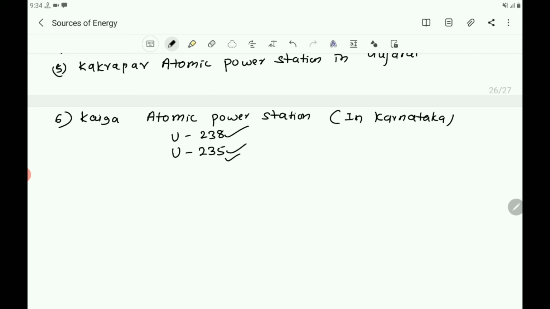This is called enrichment of the fissionable material. So here uranium 235 is fissionable as uranium 238 is stable. So we need more quantity of uranium 235 and we have to do the enrichment, means increase the percentage of uranium 235.